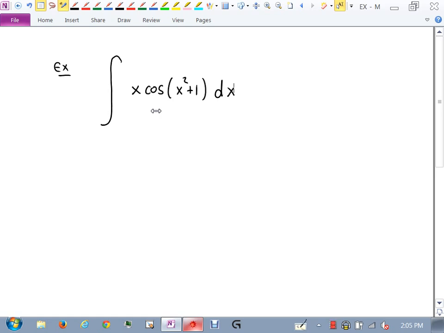Remember I said Cal 2 antiderivatives, Cal 1 walking forward, Cal 2 walking backwards. People who do really well in Cal 1 and can take derivatives usually do well with antiderivatives because they can see it. Not the whole answer, but do you see something and its derivative? Two separate things.